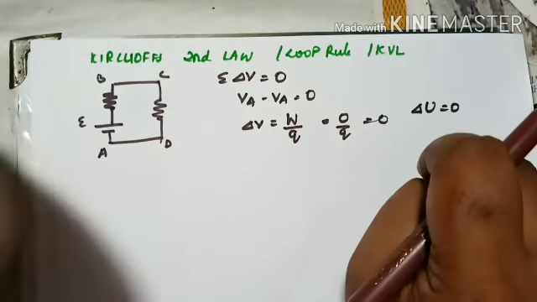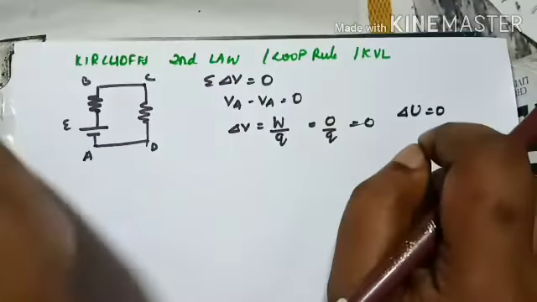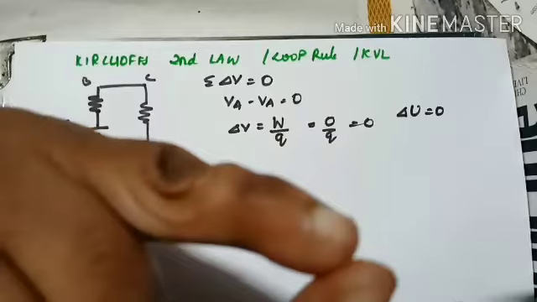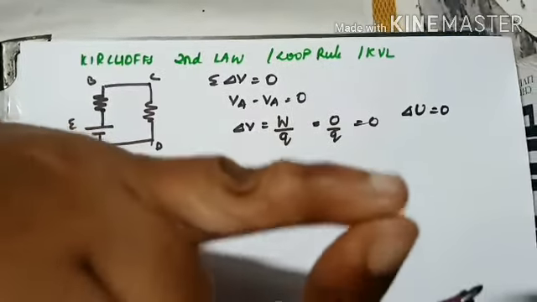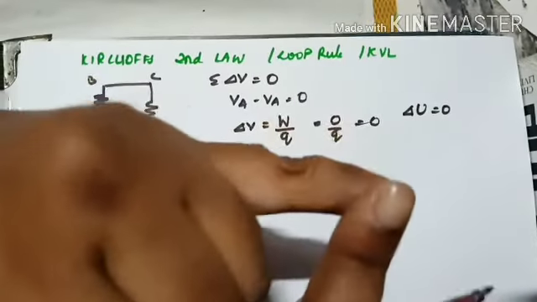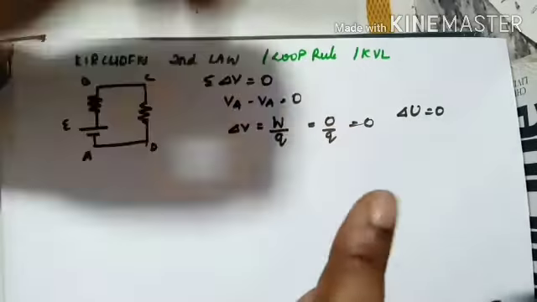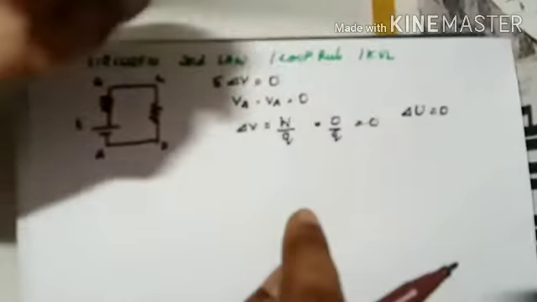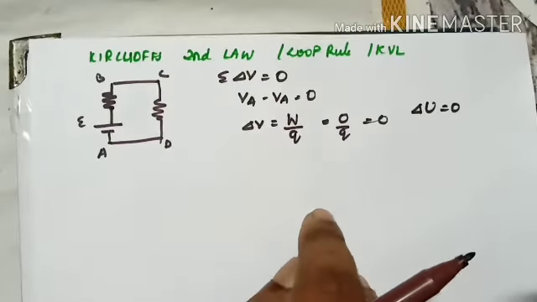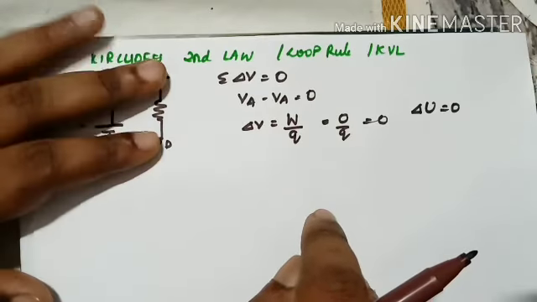So initially we dealt with Kirchhoff's first law. Kirchhoff's first law is linked with conservation of charge. Similarly, Kirchhoff's second law is linked with conservation of energy. Clear? These are some small points which have to be registered in your mind. This is just a statement.